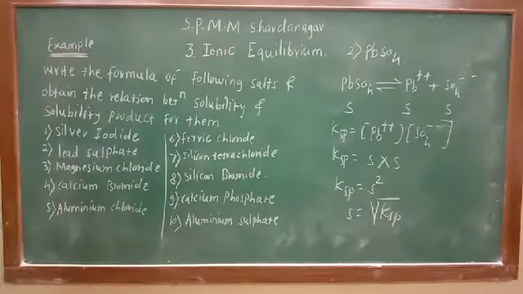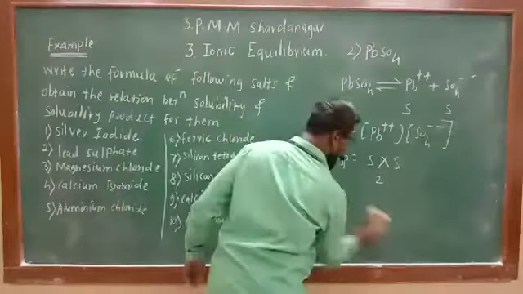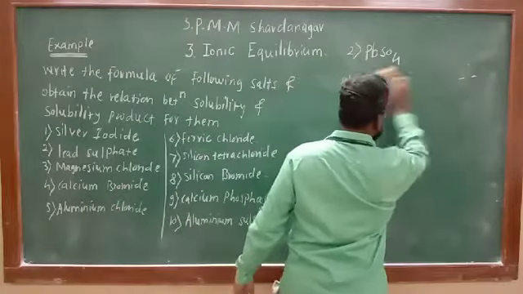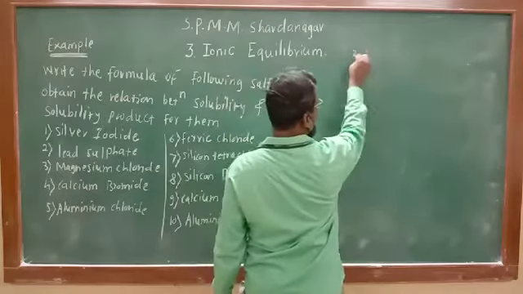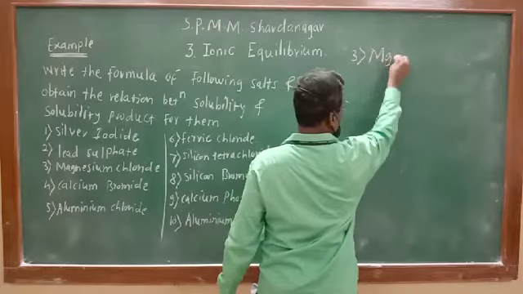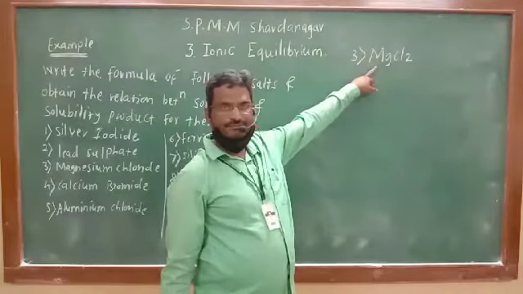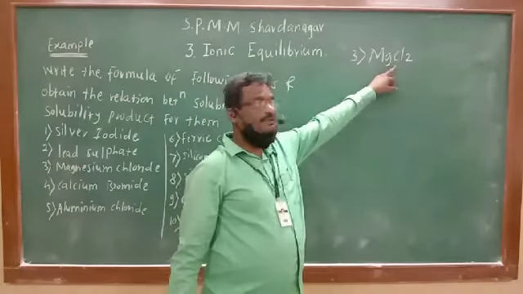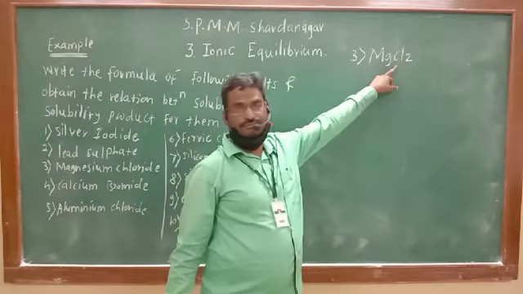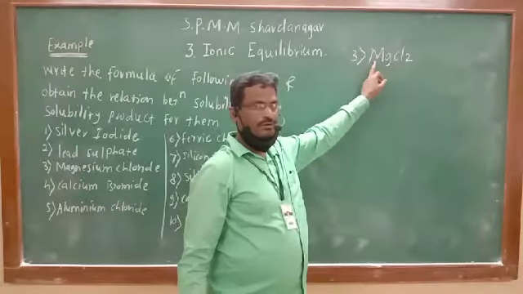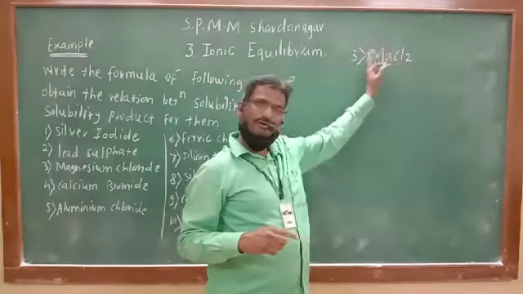Now let us see the third salt, magnesium chloride. We have seen the formula of magnesium chloride, MgCl2, because magnesium has +2 charge and chlorine has −1, and the salt as a whole is electrically neutral. +2: charge of first, number of second, and charge of second −1, number of first.